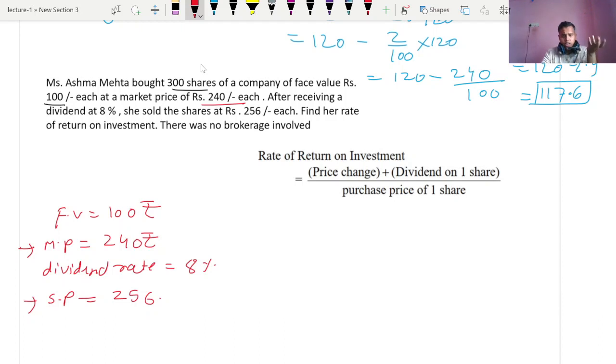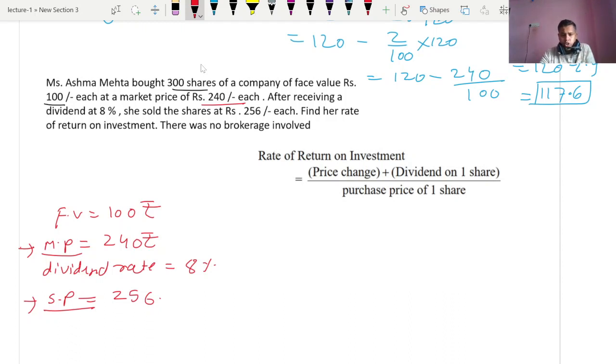Okay, so when there are no brokerages involved, that means the purchase price will become market price and selling price will become this 256. Now you have to find out rate of return on investment. Fine. So rate of return on investment is what?